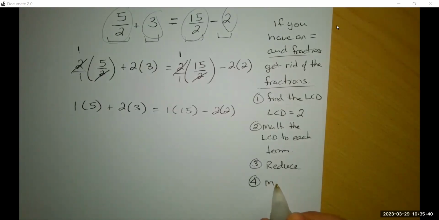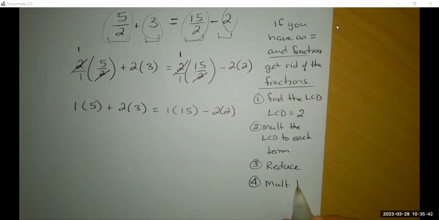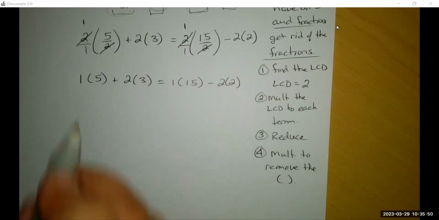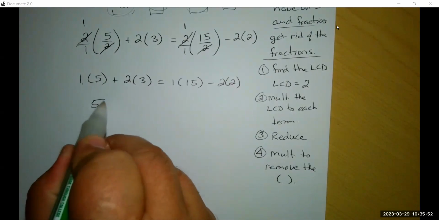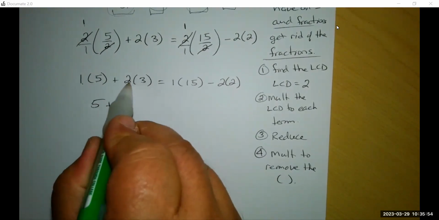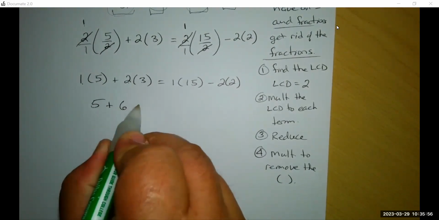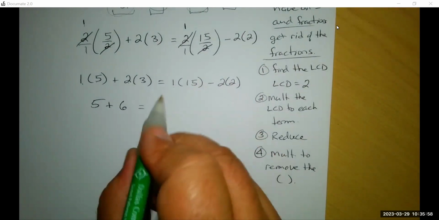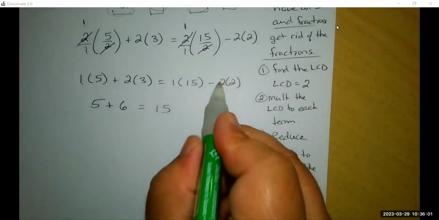Now multiply to remove parentheses. So 1 times 5 is 5. 2 times 3 is 6. 1 times 15 is 15.